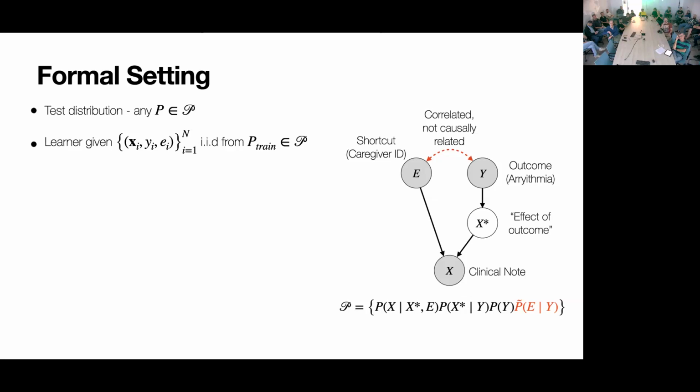All right, so a learner is given these three things, at least in training time. We get these X's, Y's, and E's, and they're IID drawn from some P-train. We define formally the ideal distribution, the independent P, as being given from a world where caregivers are drawn at random.